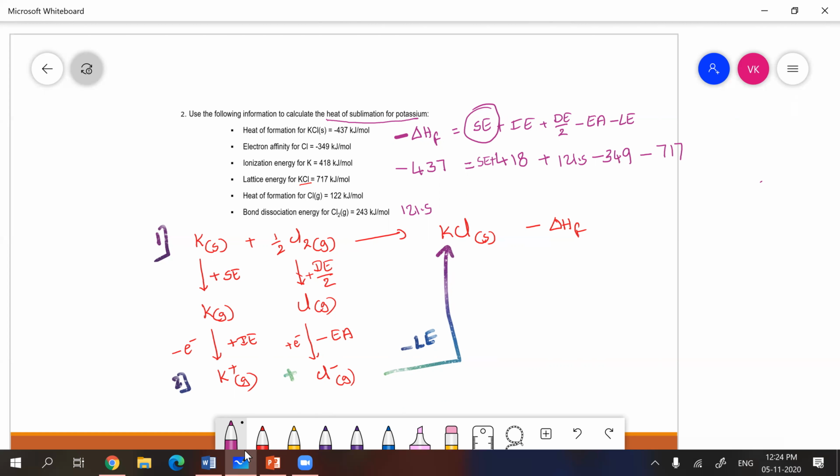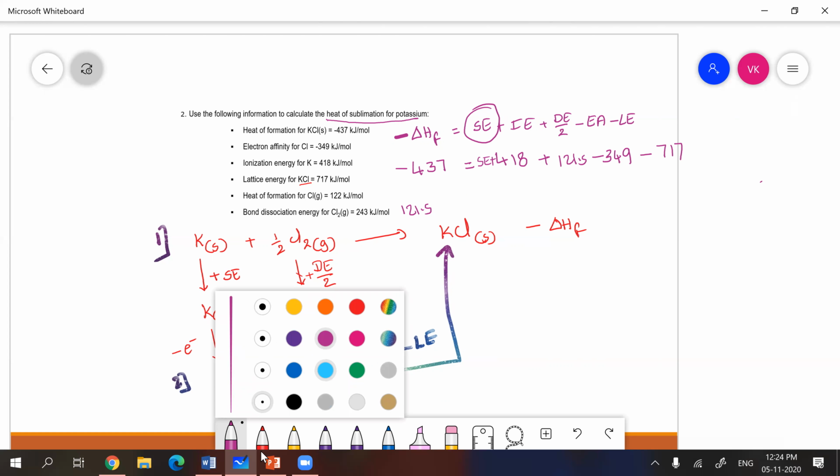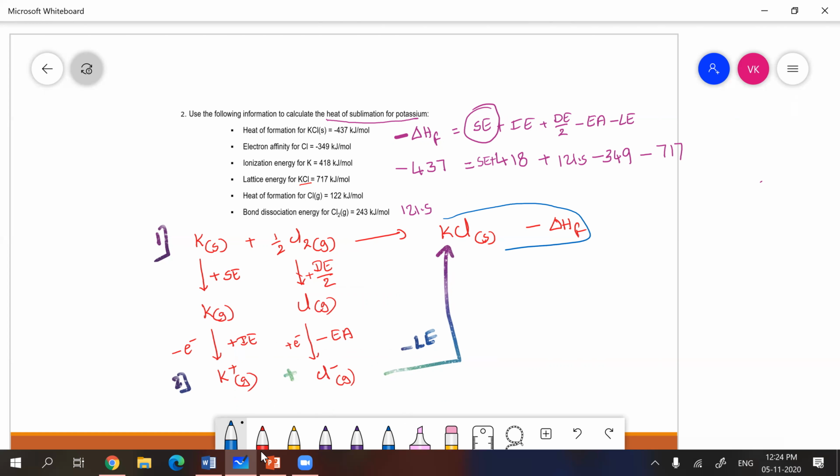You simplify this, what you are going to get? Just try to simplify this. Minus 437, leave it like that. Add the positive terms this side, 418 plus 121.5 is 539.5.